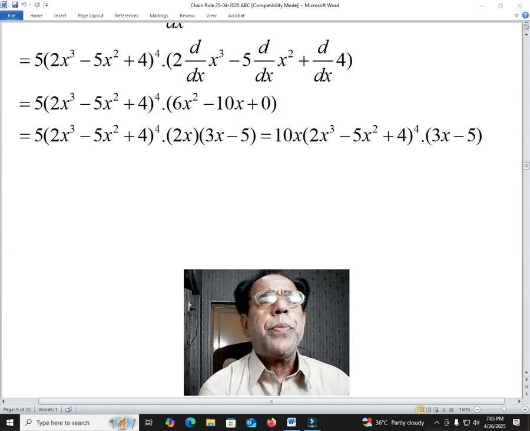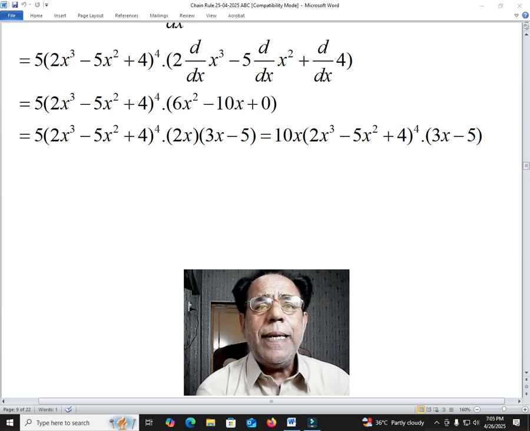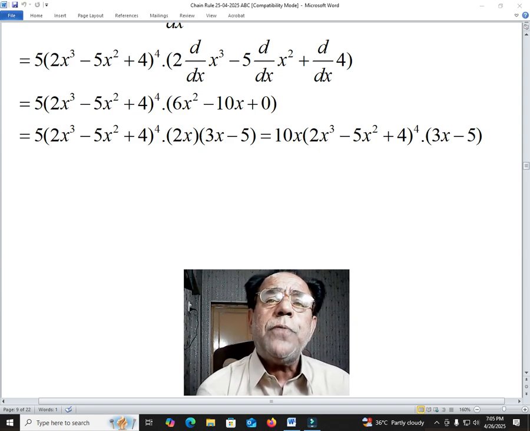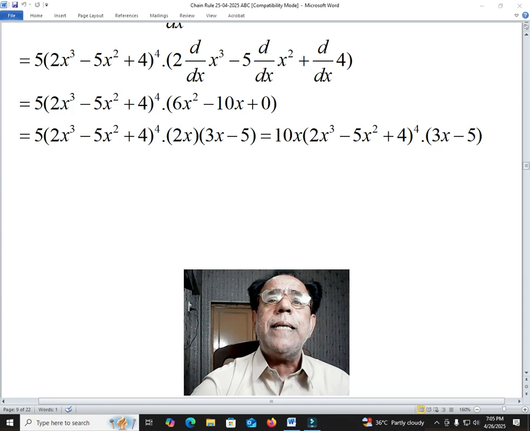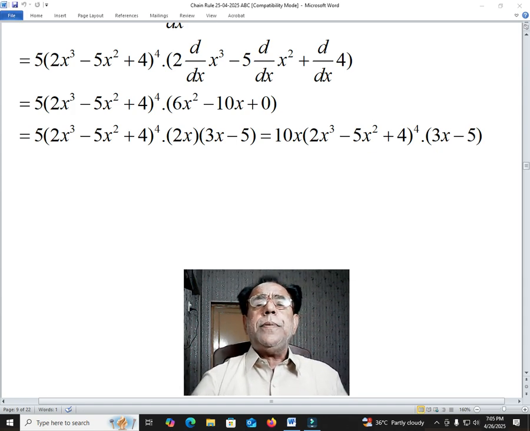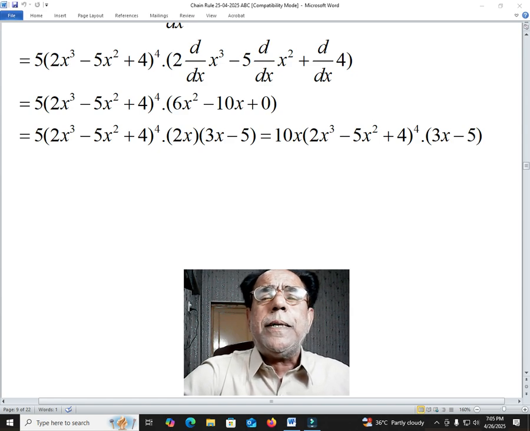So after simplification our answer becomes 5 into (2x raised to power 3 minus 5x square plus 4) raised to power 4 dot (6x square minus 10x). Dot means multiplication, but it is not necessary.